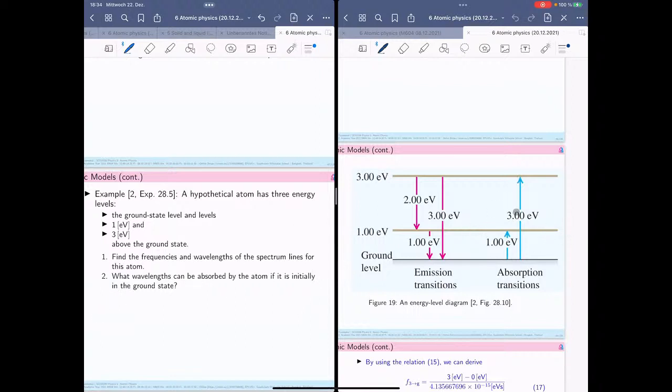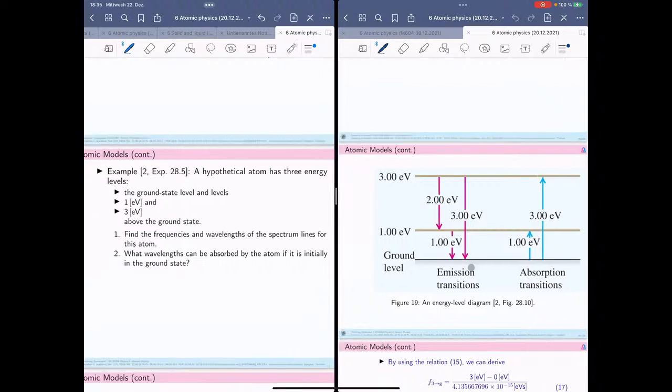The initial state is the ground state, so we have to start from here.